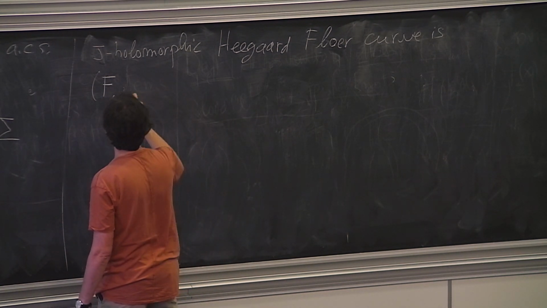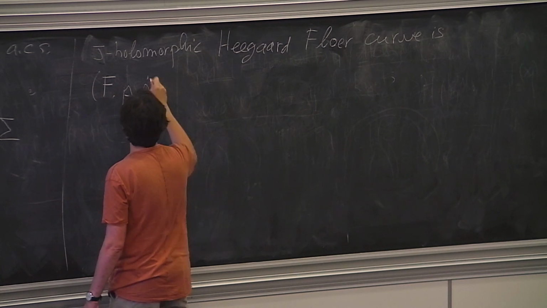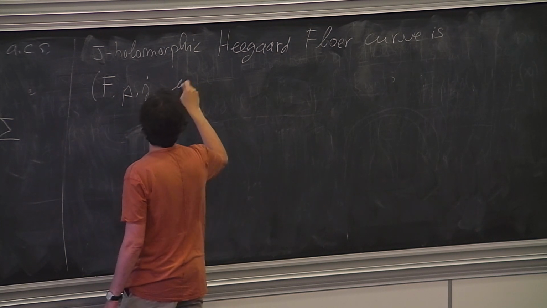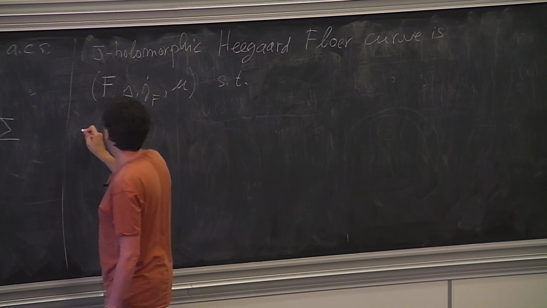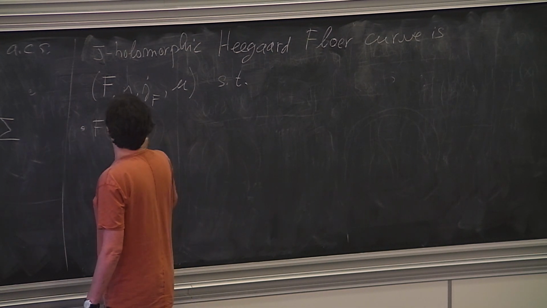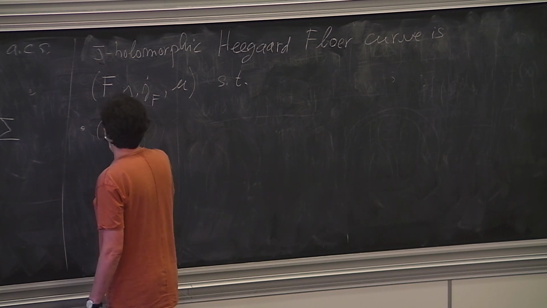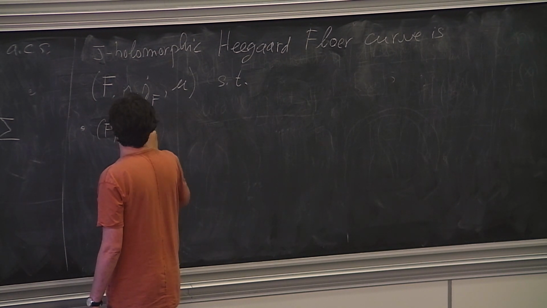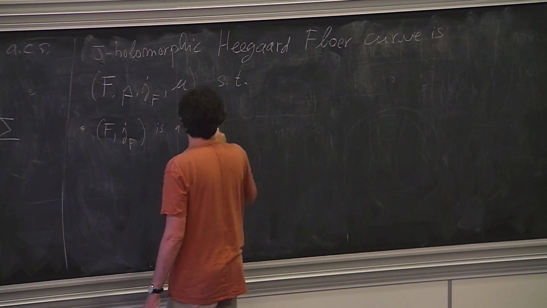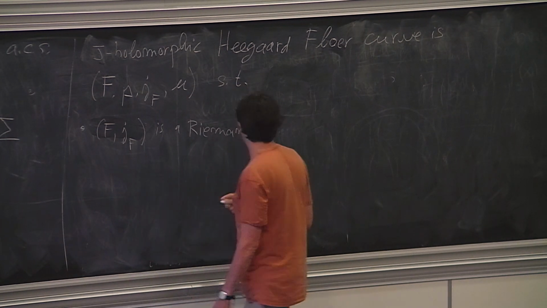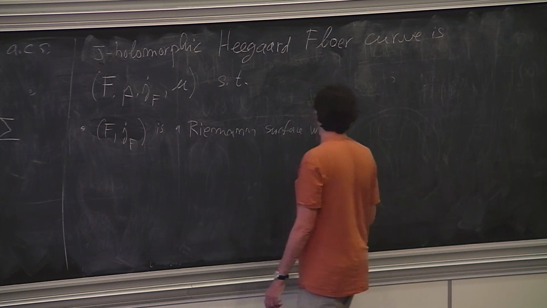It's (F, P, J_F, u) such that, well, let's say, (F, J_F) is a Riemann surface with boundary.